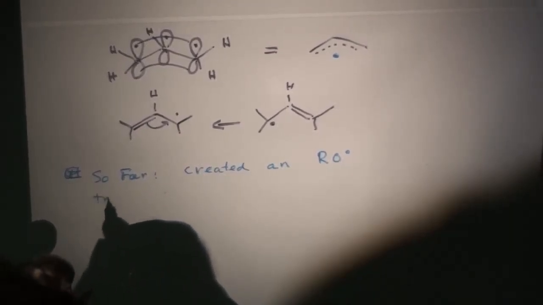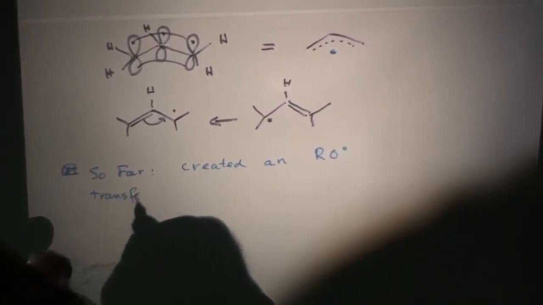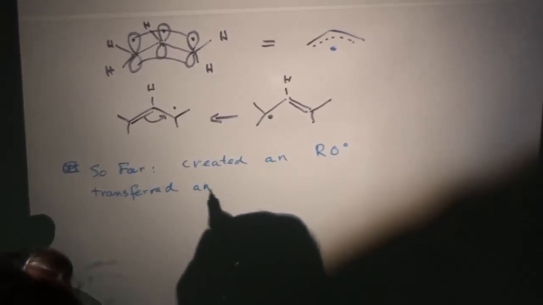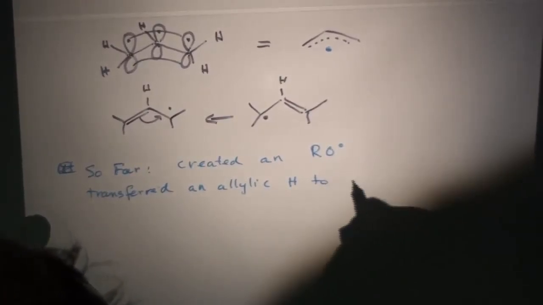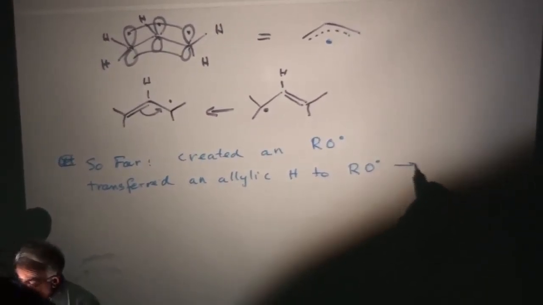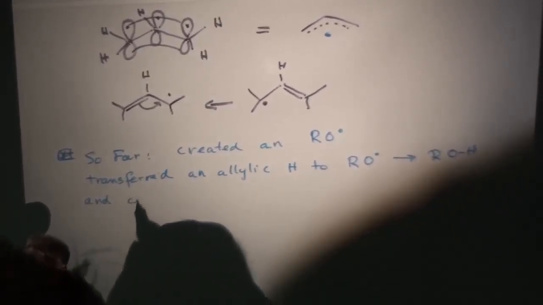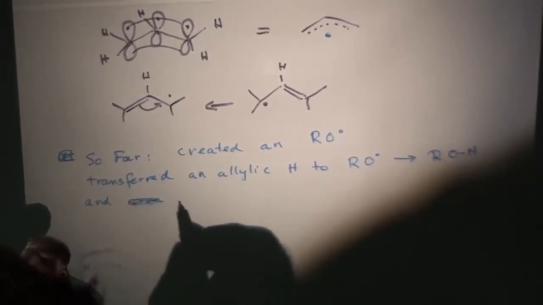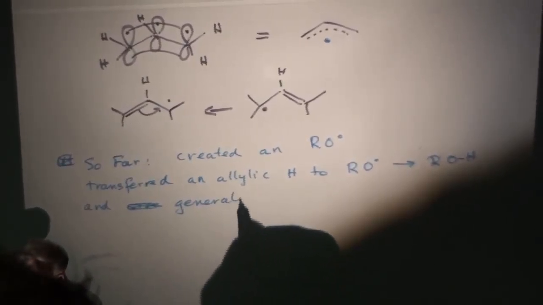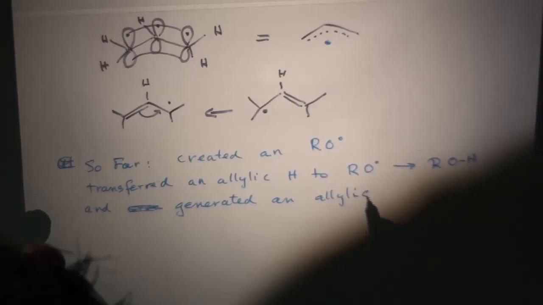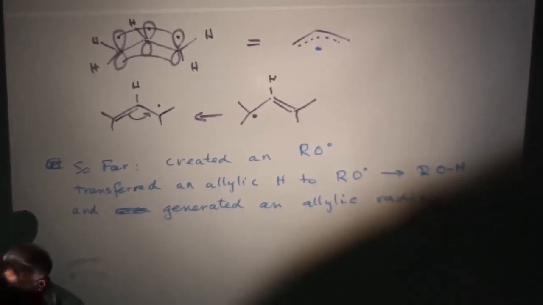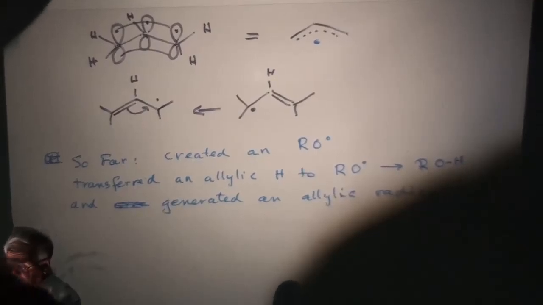We transferred an allylic hydrogen to the RO to form ROH, and created or generated an allylic or allyl radical. That's what we've done so far in this sequence.